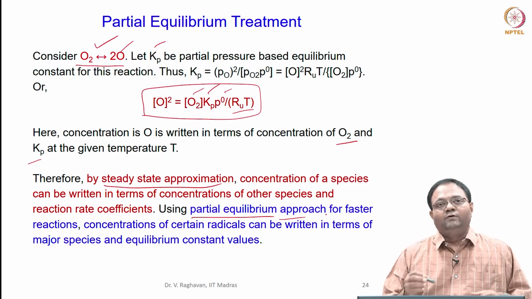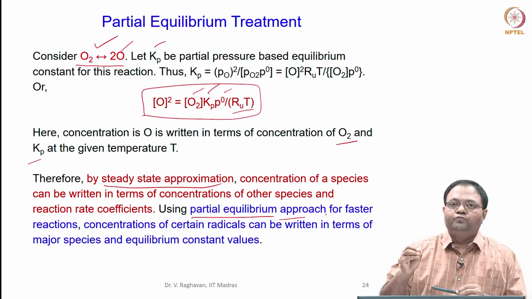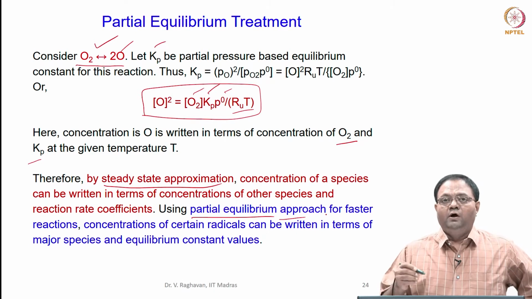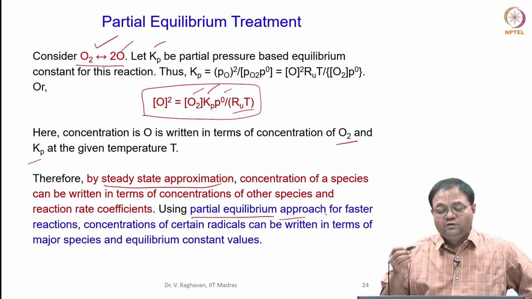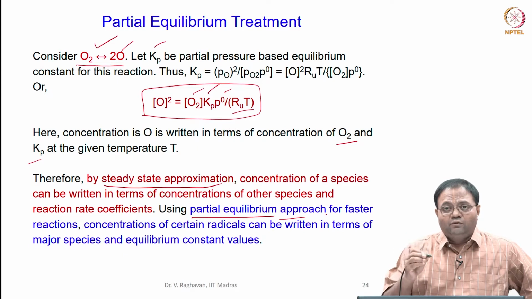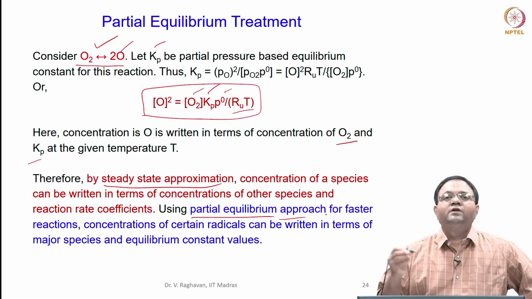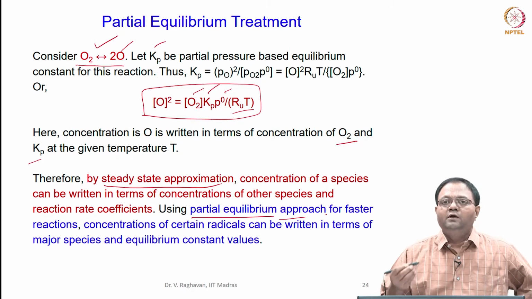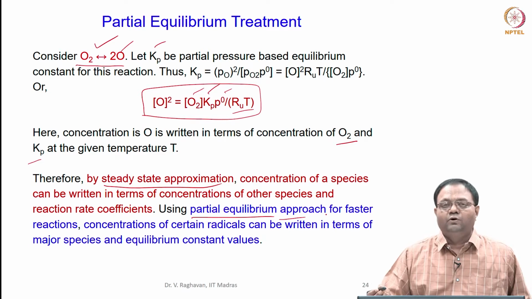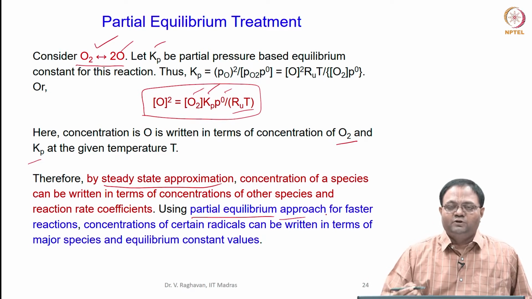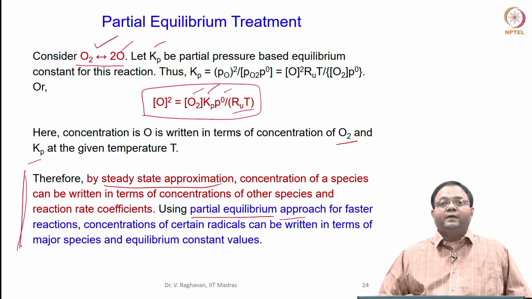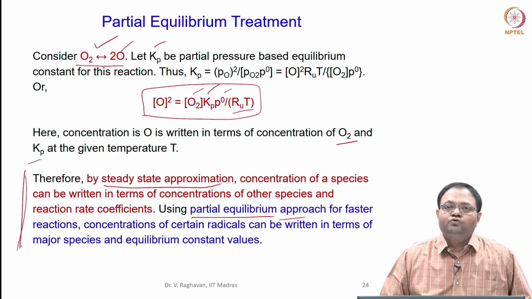Even though these species are going to be used for calculating the Cp values, other properties, diffusion coefficients, mixture enthalpy, mixture properties, etc., there is no need to solve a separate conservation equation for them, because the concentration of these species can be found using the concentration of other species, the reaction rate coefficients, partial pressure based equilibrium constants, and so on. So these two approaches help us in eliminating the solution of partial differential equations.